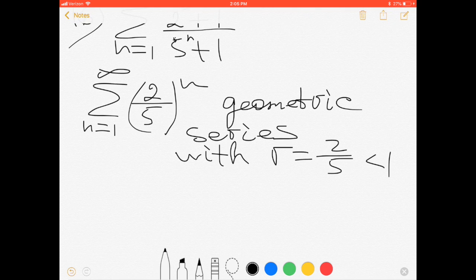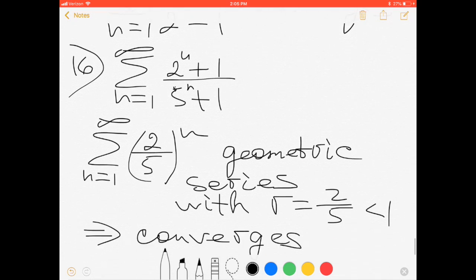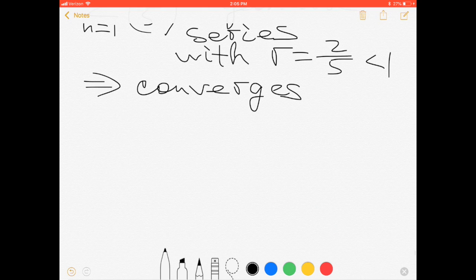This means series converges. And we need to find the limit as n approaches infinity.